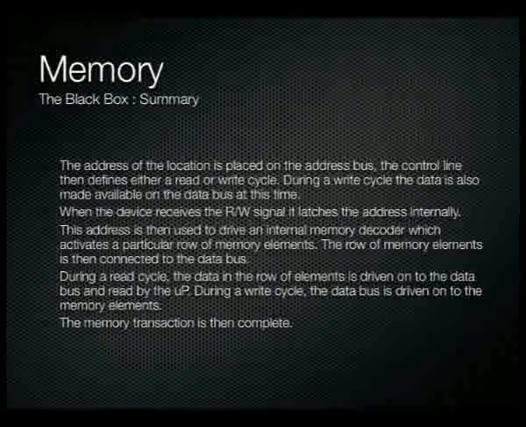If we're actually writing the value to the memory component, then the data bus is connected internally to the memory elements, and that value on the data bus is driven into those memory elements. If we're reading from that device, then of course the memory elements are driven back through a series of output buffers onto the data bus, and then made available to the microprocessor.